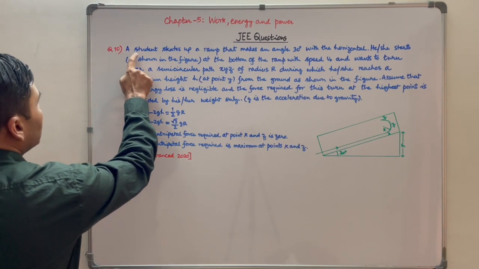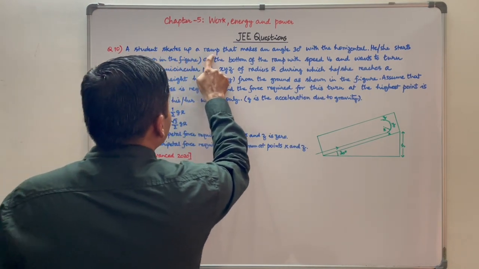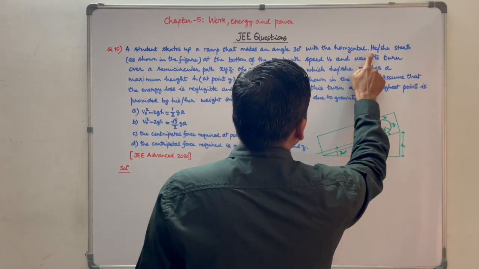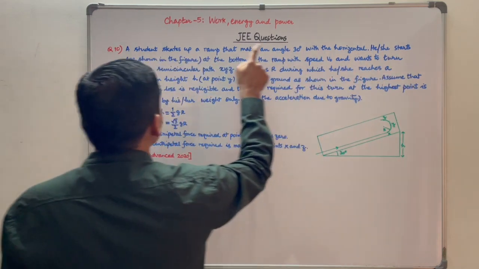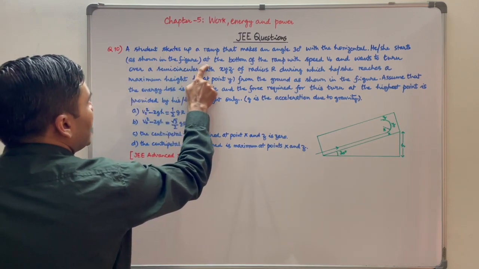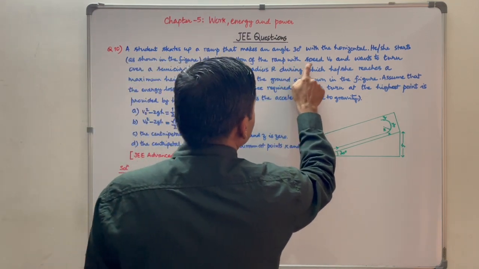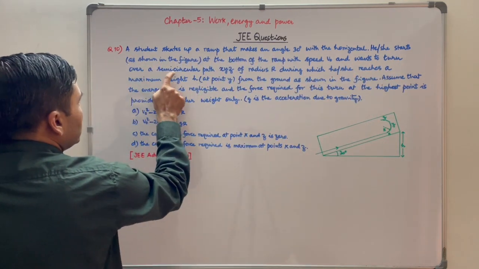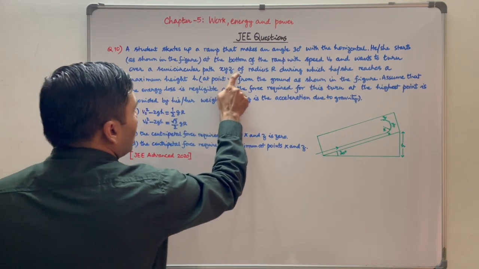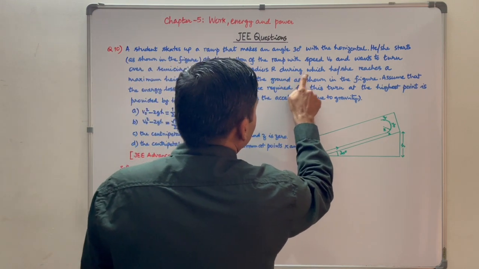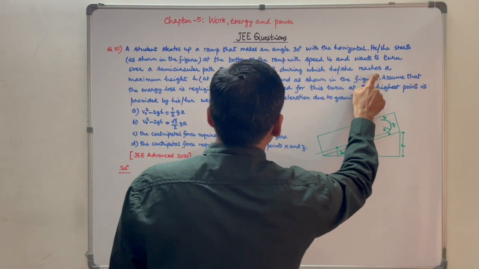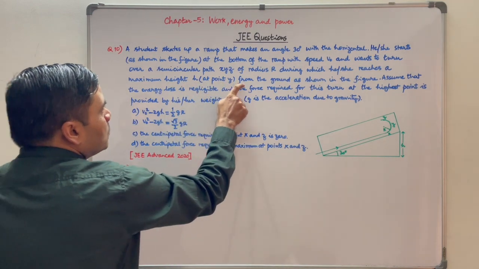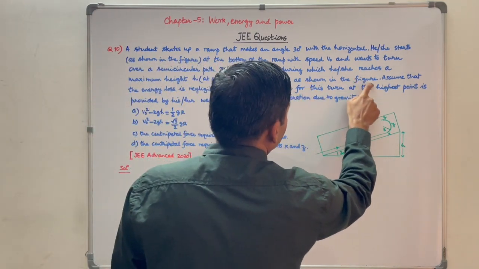Last question. A student skates up a ramp that makes an angle 30° with the horizontal. He or she starts, as shown in the figure, at the bottom of the ramp with speed v0 and wants to turn over a semicircular path xyz of radius r, during which he or she reaches a maximum height h at point y from the ground as shown in the figure.